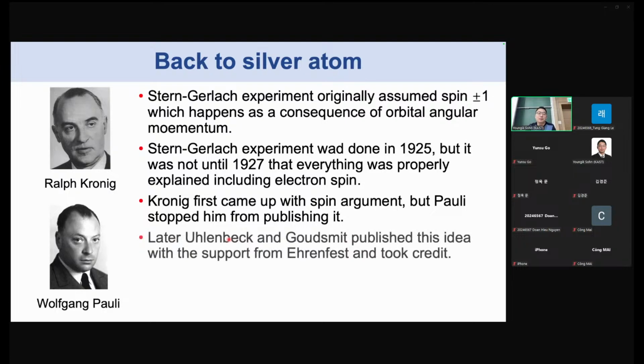But later, two other scientists, I don't know how to pronounce their names correctly, published the idea, and another famous physicist, Ehrenfest, supported it, and they took the credit for first suggesting the spin idea. But historically, Kronig discussed it, he just didn't publish, okay? It became a story, there's no paper.